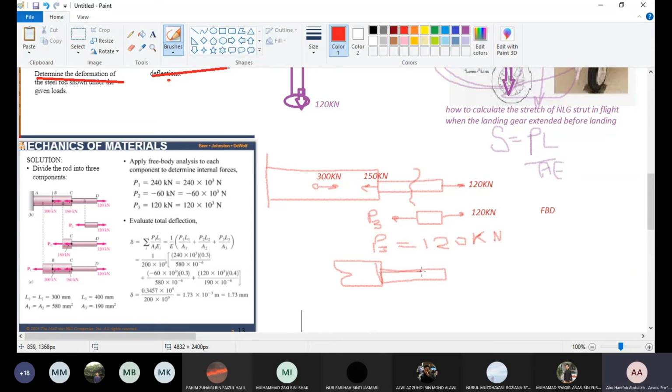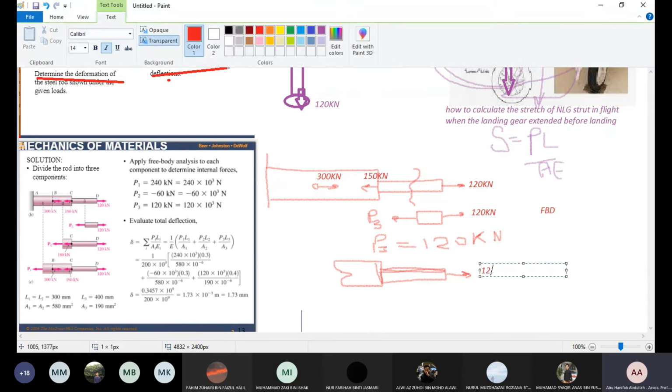Okay. Now we have 120 kilonewton, and we have 180.